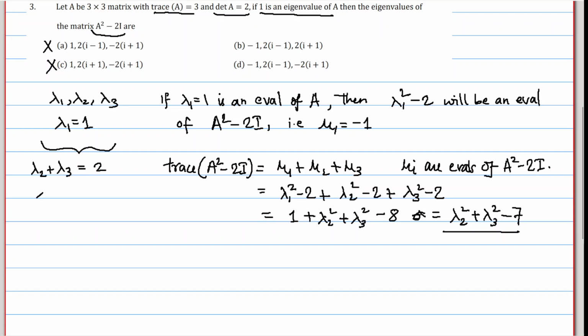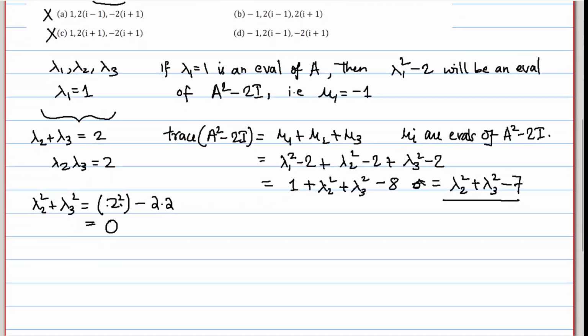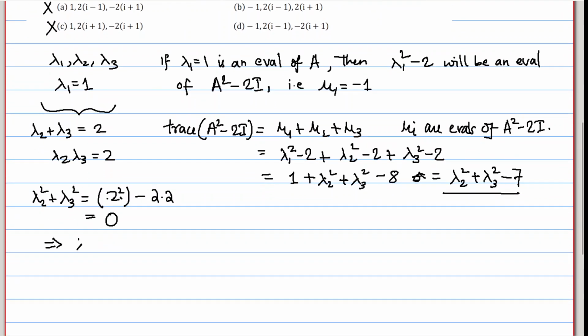That means the product is 2, but lambda 1 is 1, so lambda 2 times lambda 3 is 2. From here we can say that lambda 2 square plus lambda 3 square will be 2 square minus 2 times 2, so this will be 0. That implies that lambda 2 and lambda 3 both are 0.